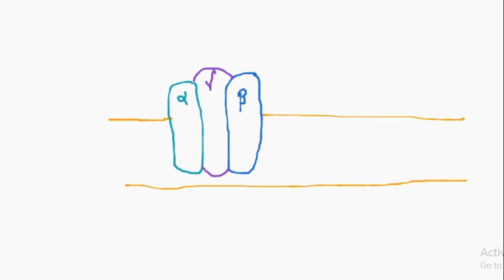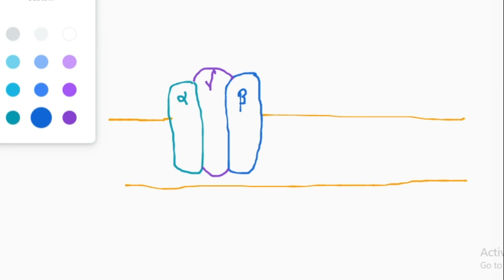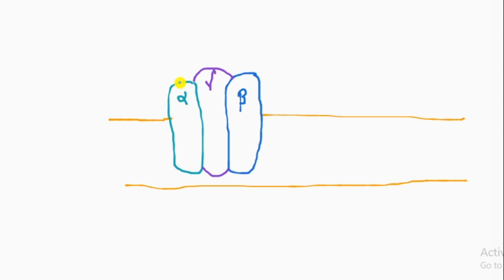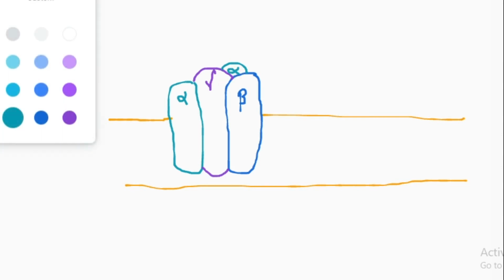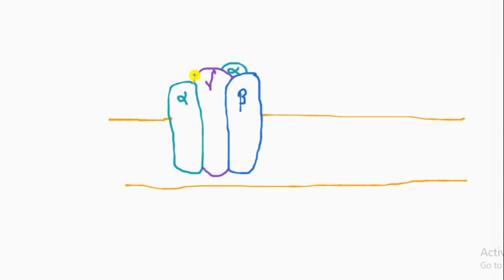We have namely 2 alpha and 2 beta. Why am I saying that?